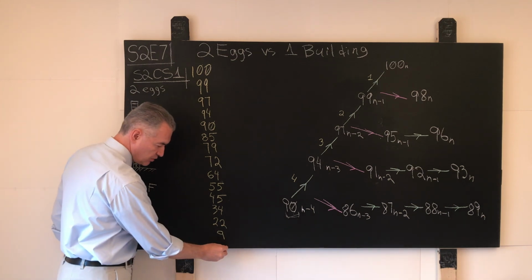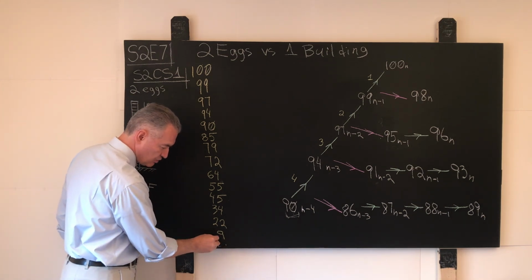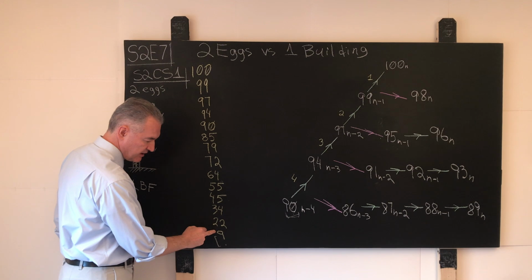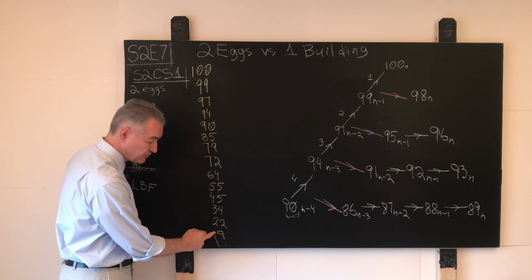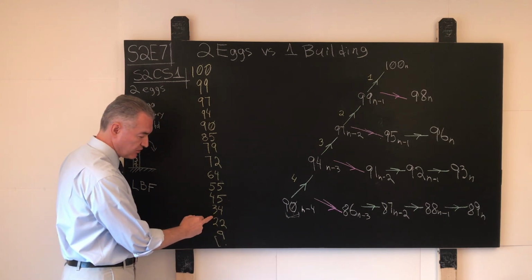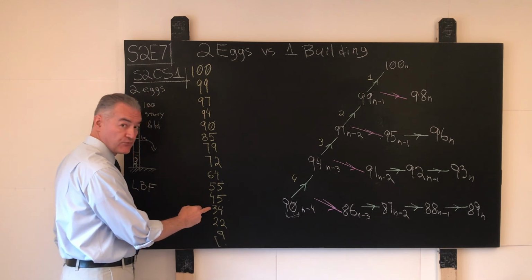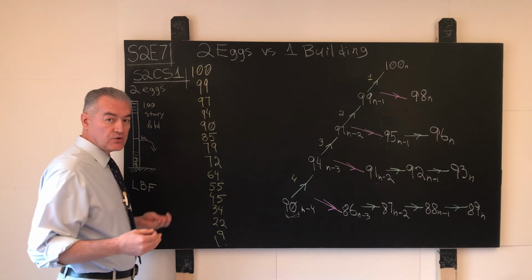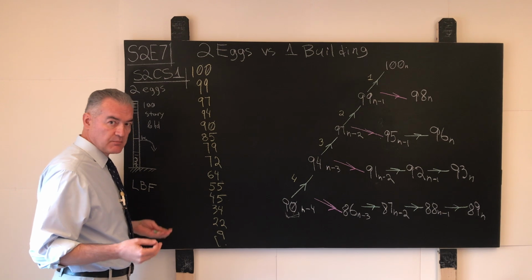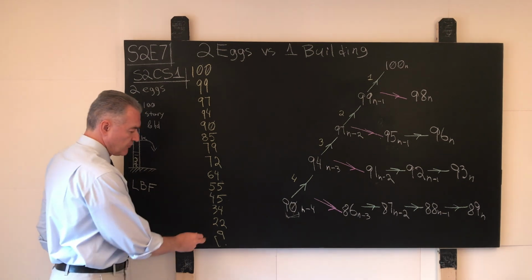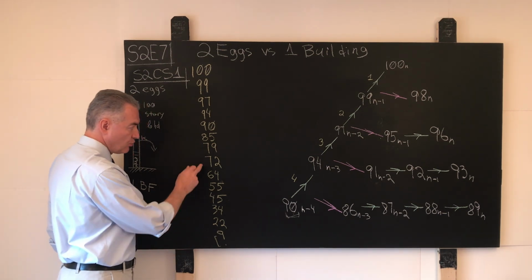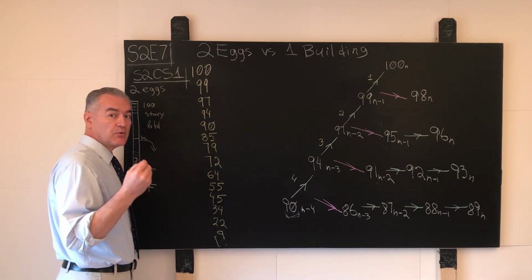The first bracket will be from floor number 1 to floor number 9. The second bracket will go from floor 10 to 22. The third bracket will go from floor 23 to 34, and so on. And our testing algorithm becomes the following. From each of the floors written over here, we drop the egg number 1.